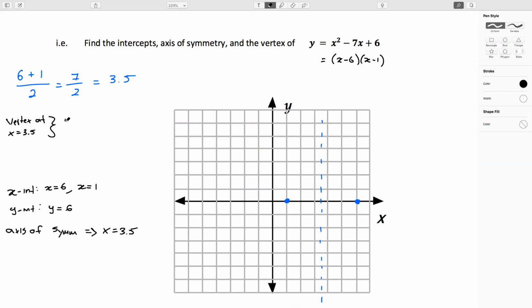So if I plug this in, y equals 3.5 squared minus 7 times 3.5 plus 6. I can punch that into a calculator. That gets me a y coordinate of minus 6.25.